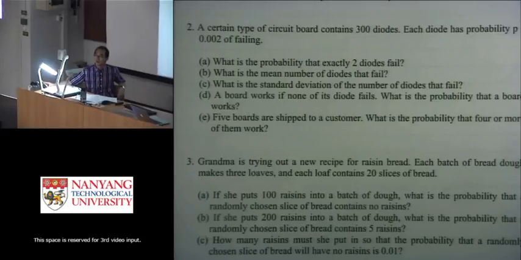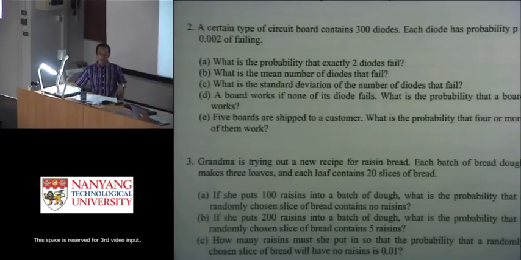Same, right? The third one, still the same. So basically, this satisfies a binomial distribution. And what's the value of n? 300. And what's the value of p? 0.002, right?